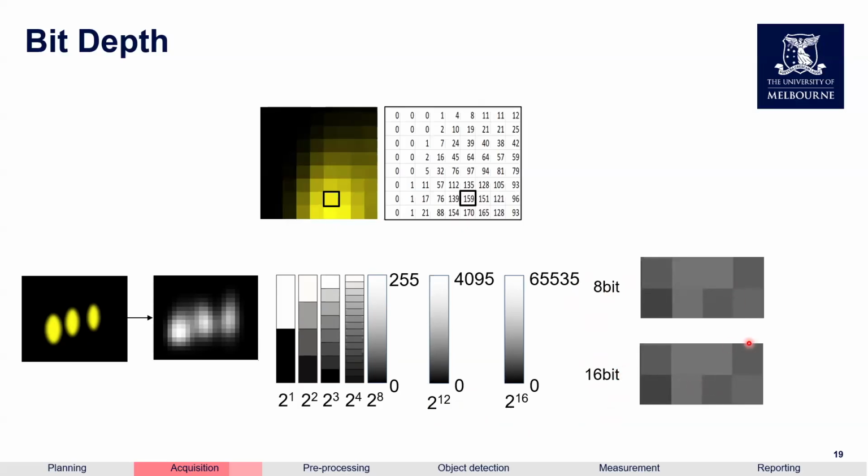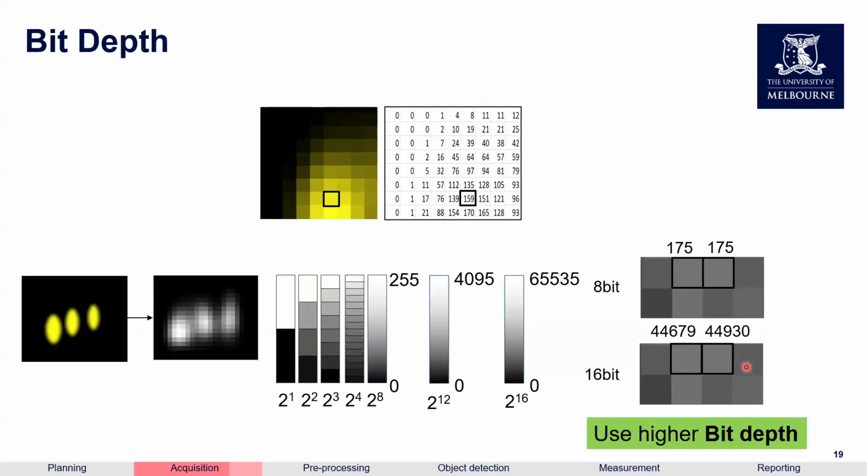Visually, we won't be able to see the difference. But if you actually start reading the pixel intensity, you can see that the higher bit depth can record the differences in more detail. So then we will get more accurate quantifications. So for quantification, we need to use a higher bit depth, more than 8 bits.